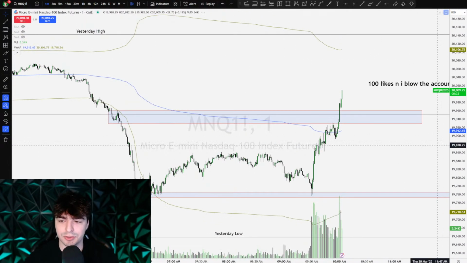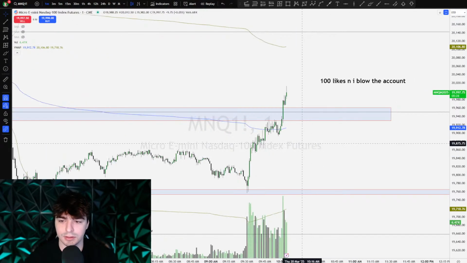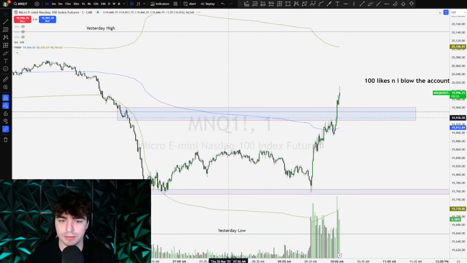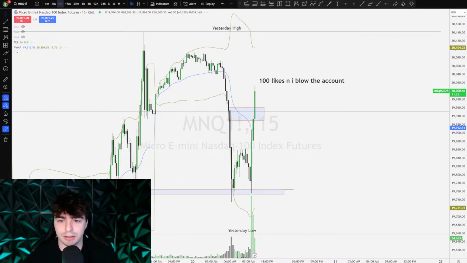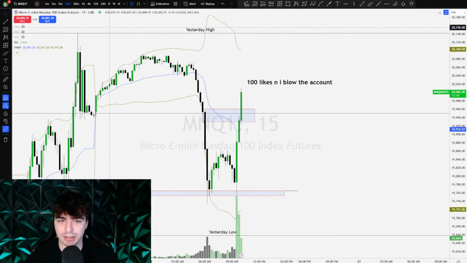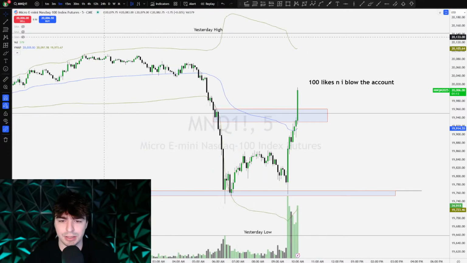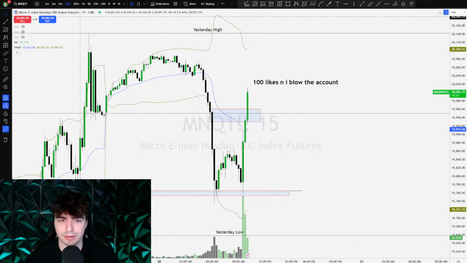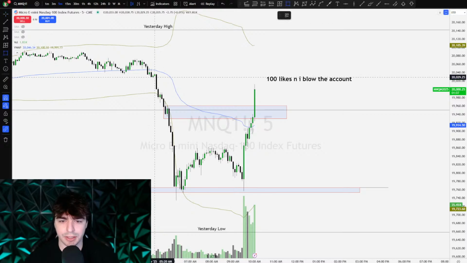This may make for a juicy short. But we're kind of in the middle of nowhere. The only other spot from a technical standpoint, there's a little bit of an area right here.